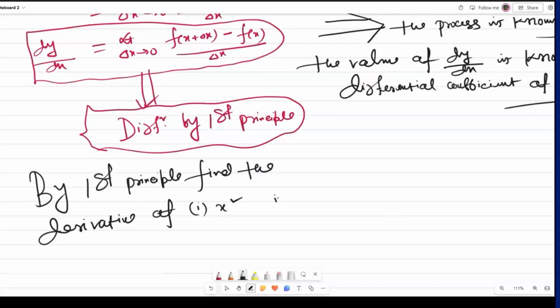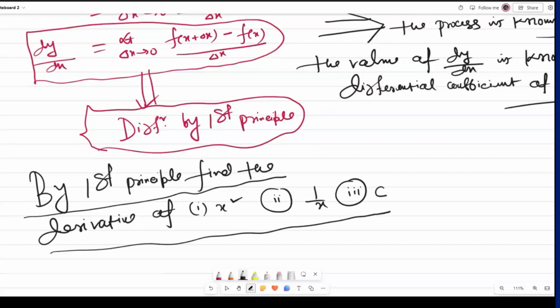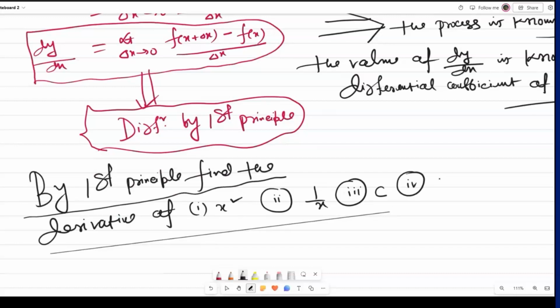You do that. Then you do 1 by x. Then you do it for a constant c. By first principle, find the derivative. And one sum I'll give you as homework: x minus 1 by x plus 1.